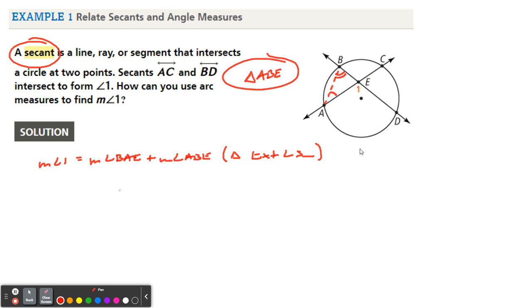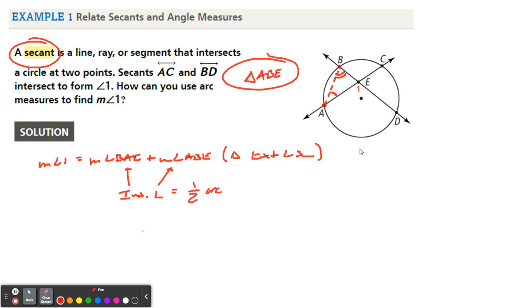Now if we look at angle BAE, it has its vertex on the circle. It's an inscribed angle. So is angle ABE, since B is on the circle. Both of these are inscribed angles. We should know from lesson 10.4 that an inscribed angle is equal to half of its arc.